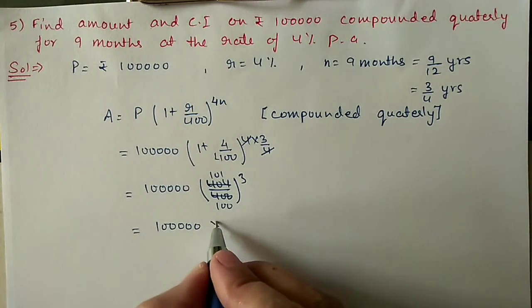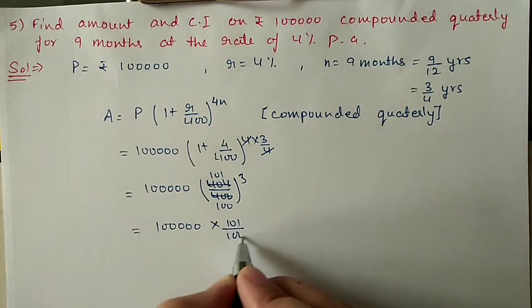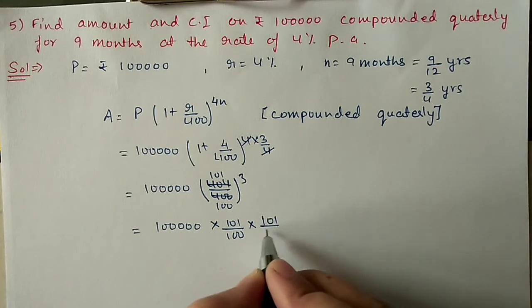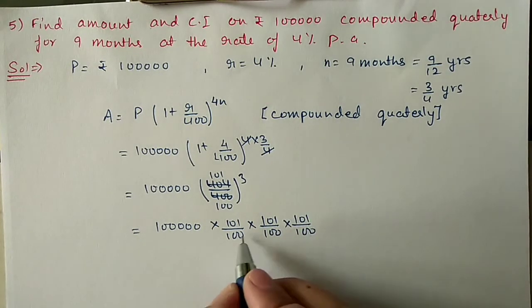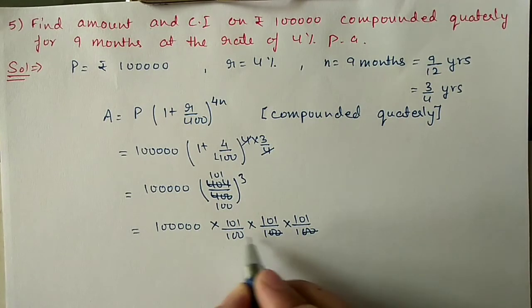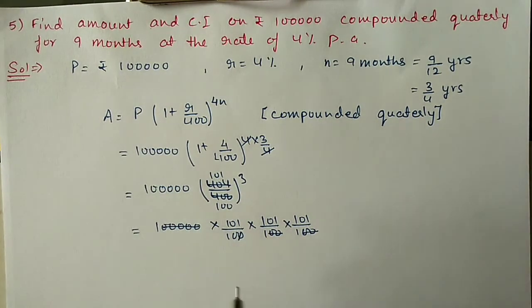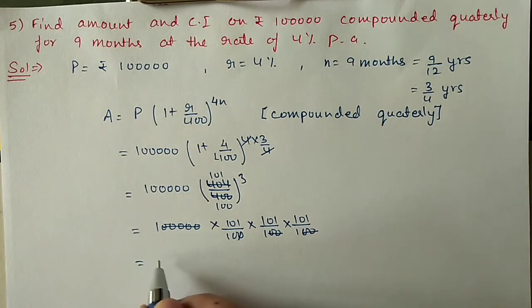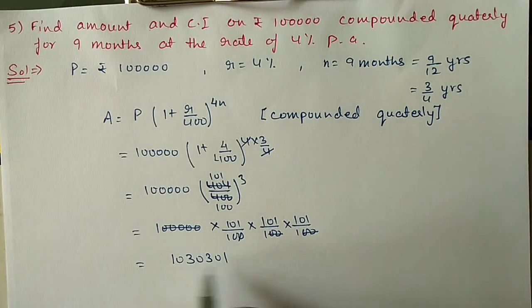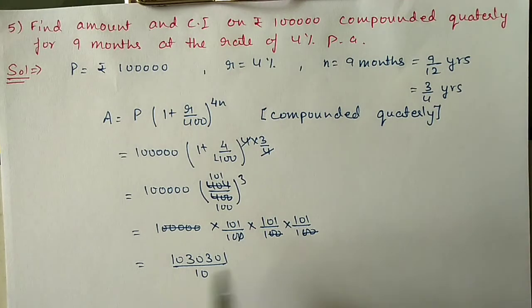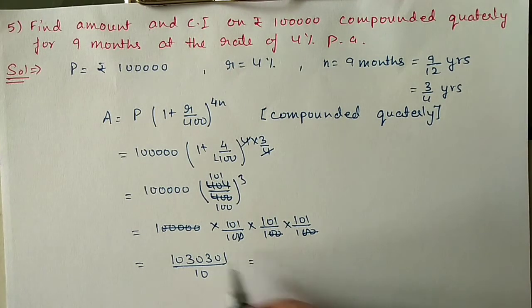So this we can expand 101 by 100, 101 by 100, 101 by 100. So 2 zeros, 2 more zeros and 1 more zero. So 5 zeros we can cancel out, and we will get after multiplication 1030301 divided by 10. Divided by 10 means 1 decimal.